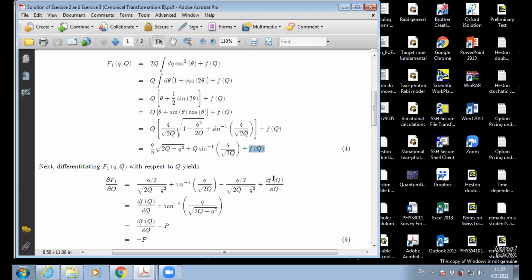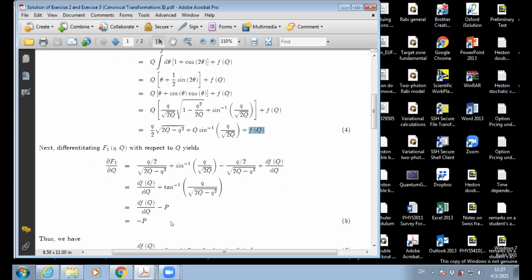And finally, the last term, df dq. And we can compare with the given result, the partial derivative of F1 with respect to capital Q equal to minus capital P, all right? Now, here we just rearrange, collect the terms which can combine together, all right? These three terms, the first term and the second and the third term cancel out.